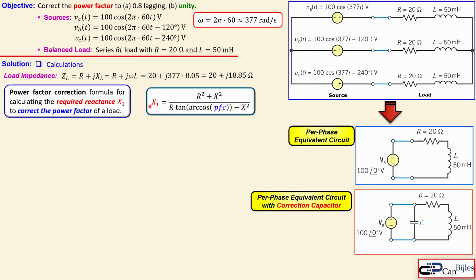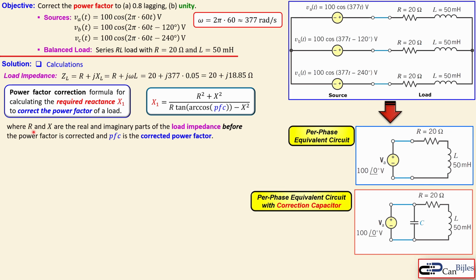So X1, which is the element to be determined, is equal to R squared plus X squared, I will explain shortly what it all means, divided by R times the tangent of the arccosine of PFC, which is the corrected power factor, minus X squared. Now in here, the R and the X are the real and imaginary parts of our load impedance.